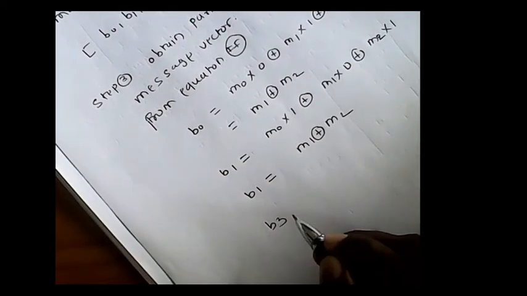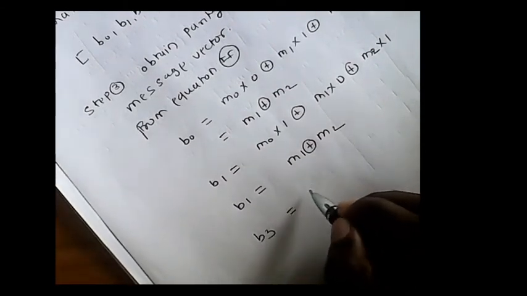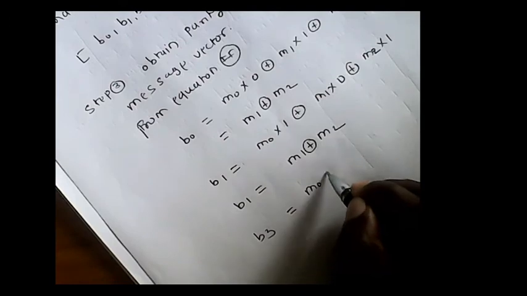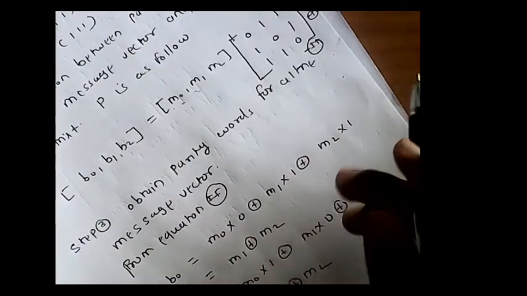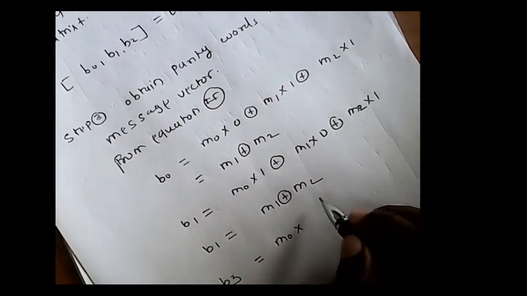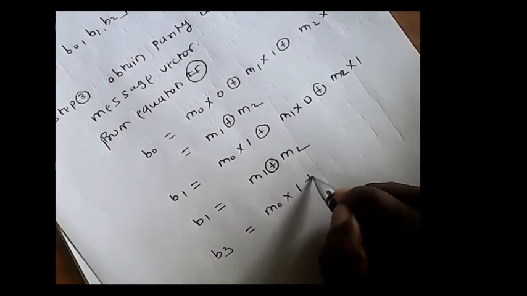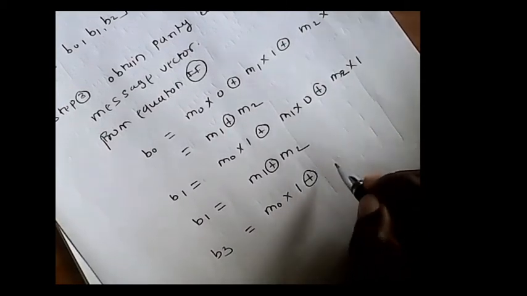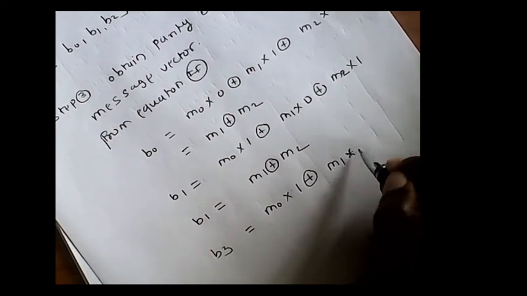Similarly we can solve out for B3 bit. So we can take M0 into 1, first row third column. So M0 is equal to 1 modulo operation M1 into 1 modulo operation M2 into 0.